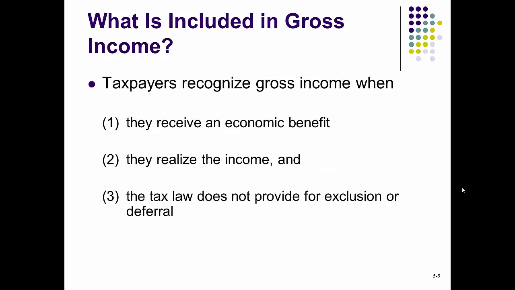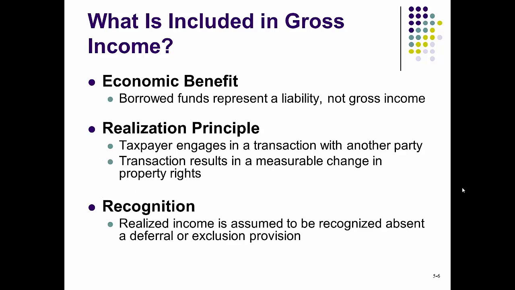They receive an economic benefit. Number 2. They realize the income. And 3. No tax provision allows them to exclude or defer the income from gross income. So let's define economic benefit.